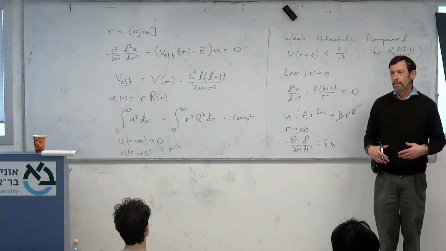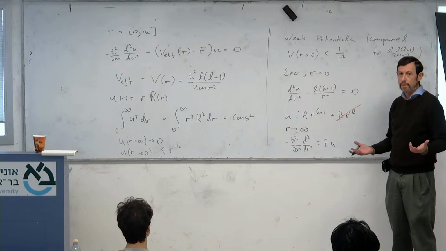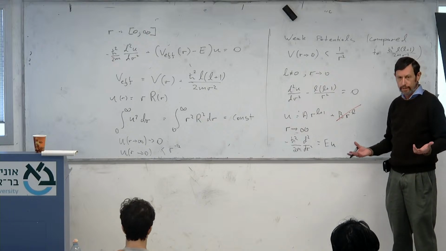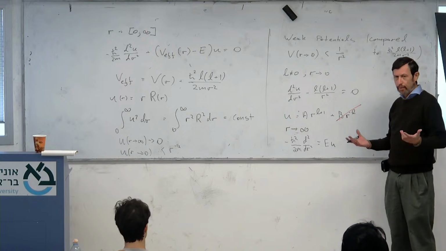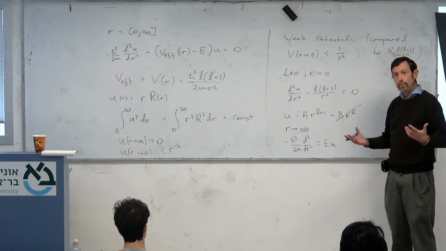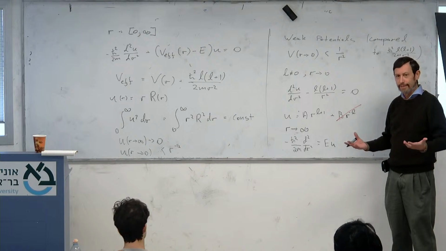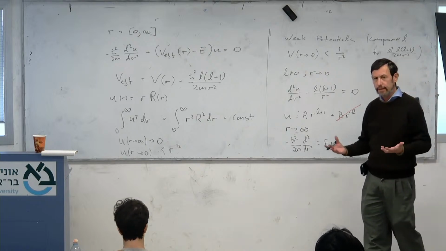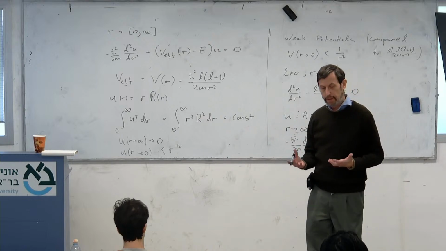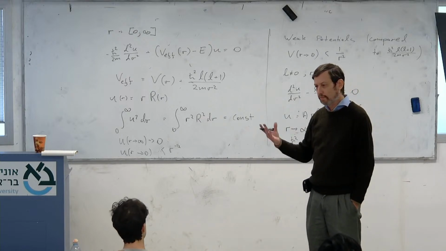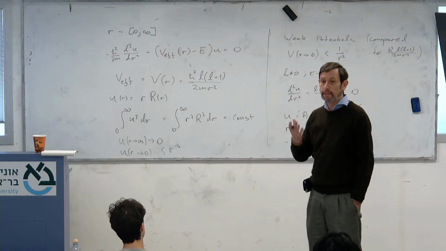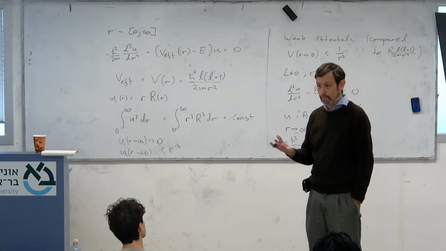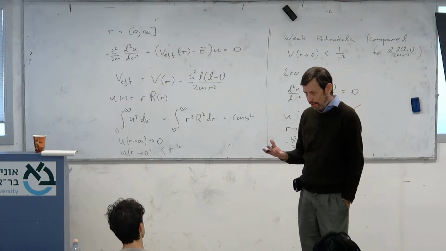This has two solutions depending on the value of E. If E is positive, it's e to the power iKr. And if E is negative, it's the exponential of minus kappa r. Since we are interested here in bound states, E has to be smaller than 0.